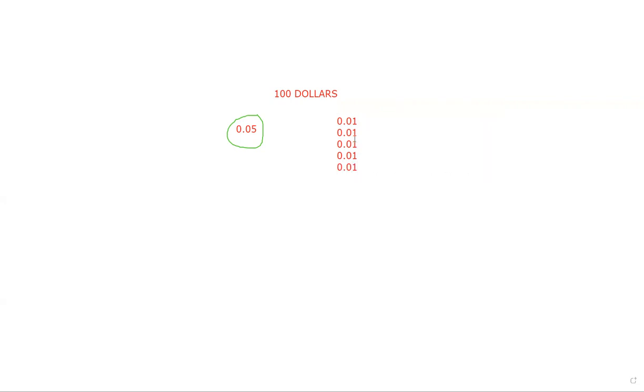So by using 0.01 as a lot size, you can enter up to 5 trades. If I enter 5 trades of 0.01, and you enter just 1 trade of 0.05, we are all equal. Your 5 trades of 0.01 will amount to my 1 trade of 0.05. Although I took just 1 trade and you have taken 5 trades, your 5 trades will become just my 1 trade.